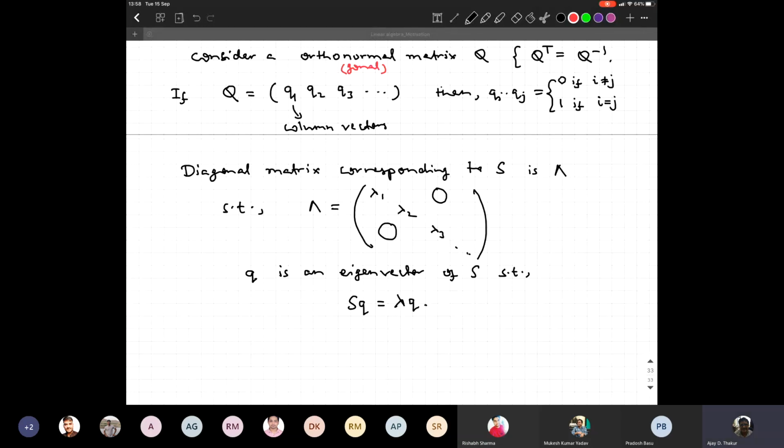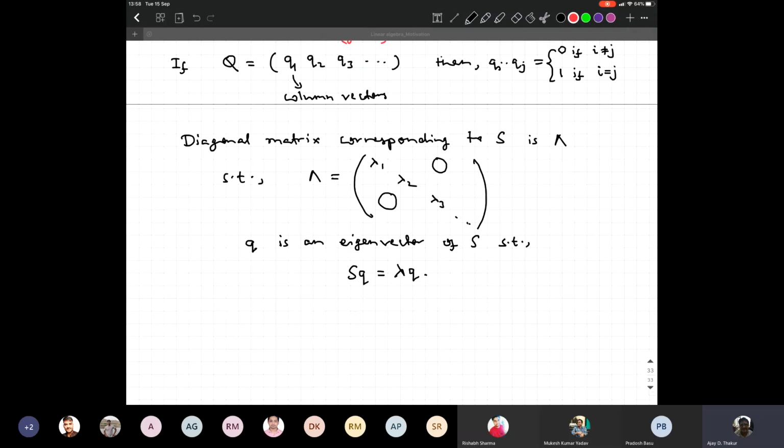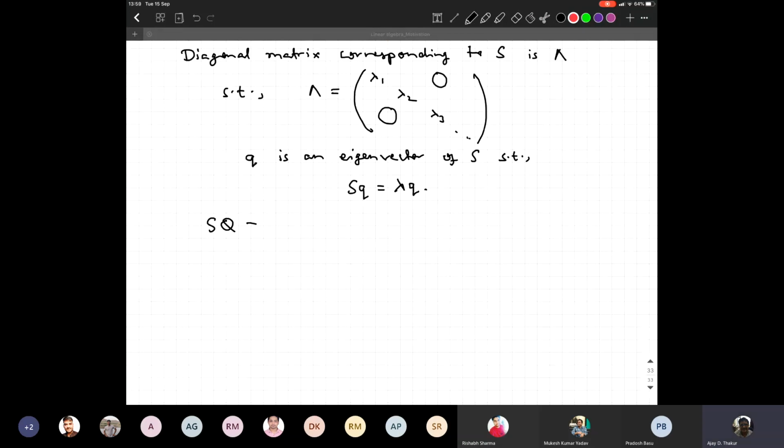So we saw in one of the previous classes that whenever we multiplied the eigenvector with the matrix, it was just scaling and the scale parameter was lambda. So SQ would be S times Q1 to Qn, equal to lambda 1 Q1 up to lambda n Qn.